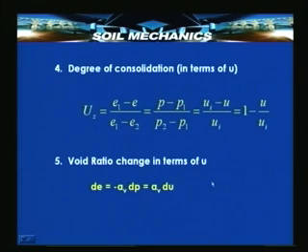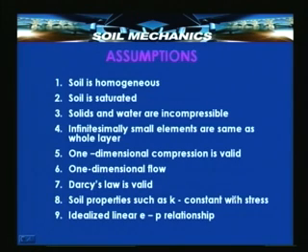The void ratio change can therefore be expressed in terms of either the pressure change or the excess hydrostatic pressure change through a_v, as shown in this last equation. de is minus a_v dP as we have already seen, but it is also now equal to a_v du, and this forms the basis of the mathematical derivation for computation of the total settlement.